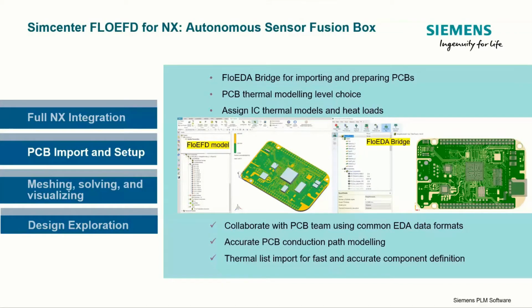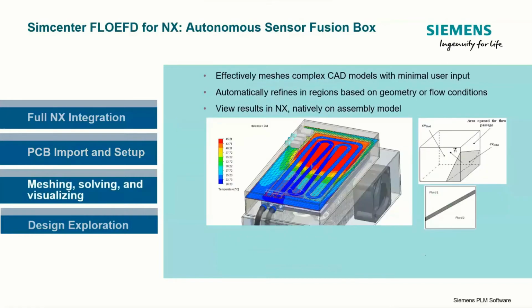Next up, we'll talk about what we have to do to mesh this entire system, and look at how easy it is to interrogate our solved model to look at the results right within our model, which again is running on top of NX.